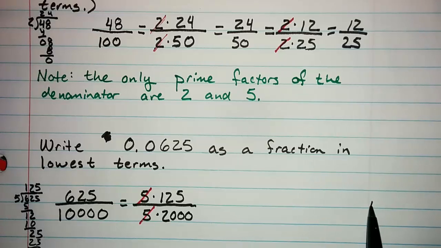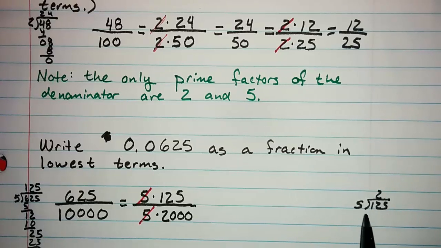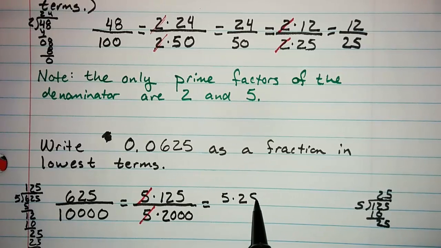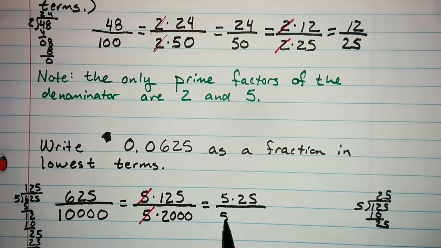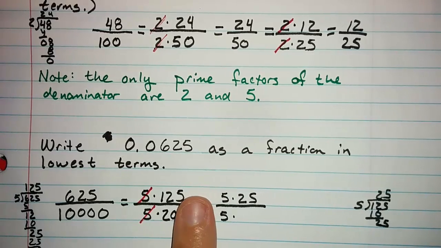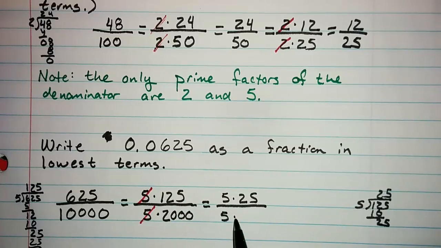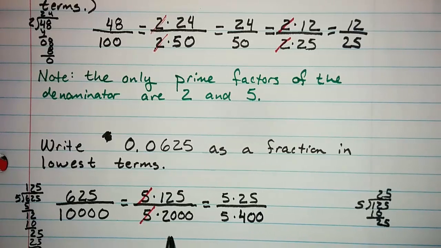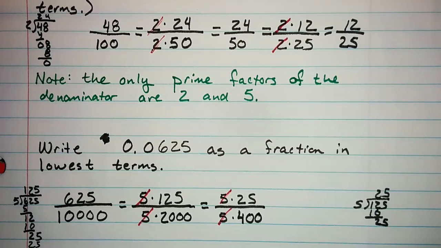So we'll divide again. 5 goes into 12 twice. 5 goes into 25 5 times. So this is going to be 5 times 25 over 5 times, 5 goes into 20 4 times. So 5 times 4 is 20, 5 times 400 is 2,000. Cancel the common 5 again.